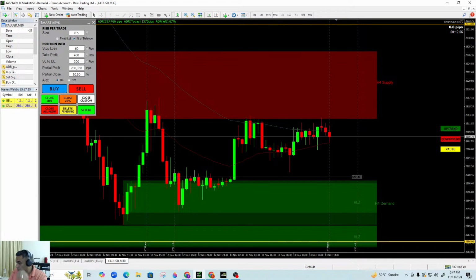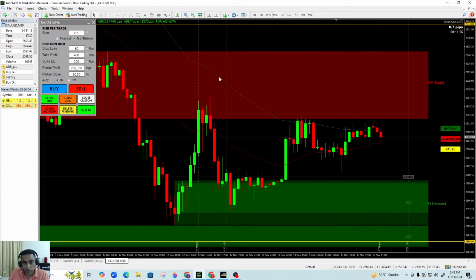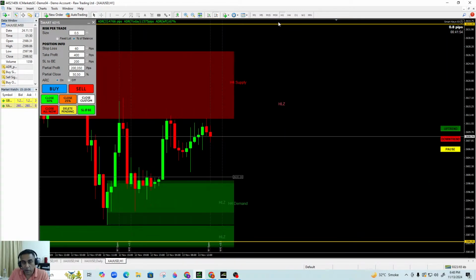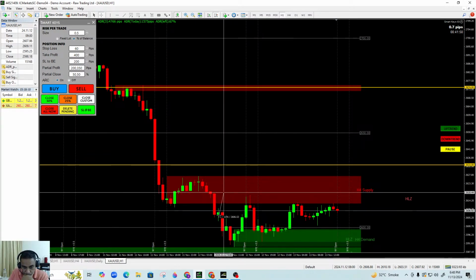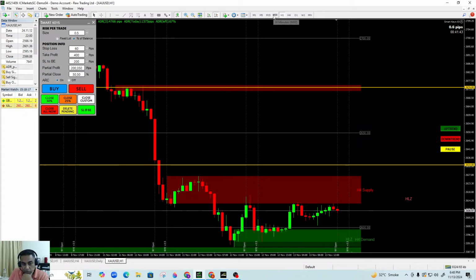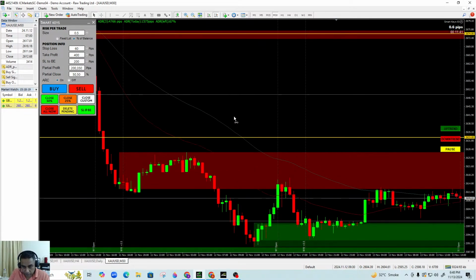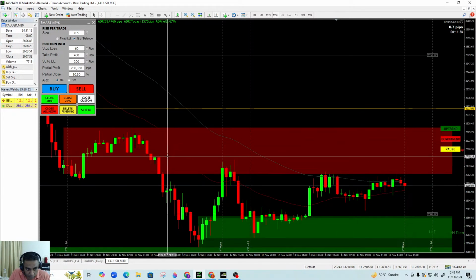Okay. We've got about 12 minutes to news. Let's look further. Let's look at this area. 1 hour. It's this big candle here, 130 pip candle. That is holding. Let's go down to the 30-minute. Yeah, it was this candle that held, kept price down. We've come deep into it.